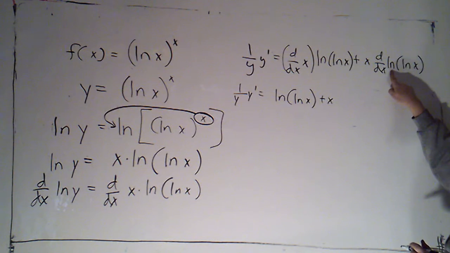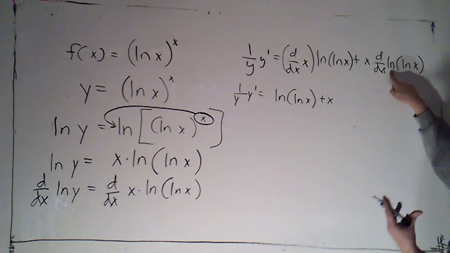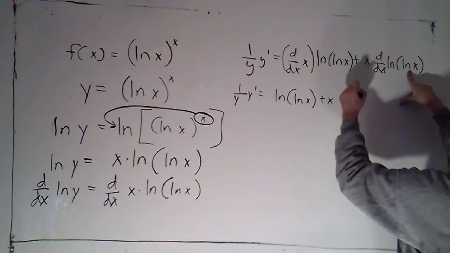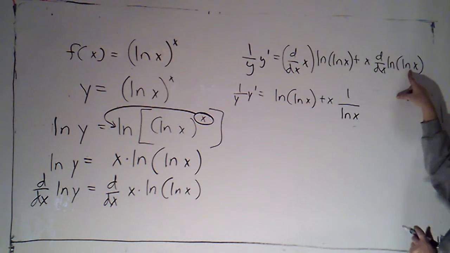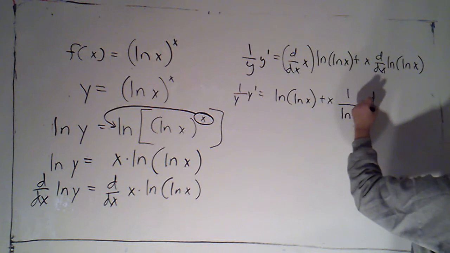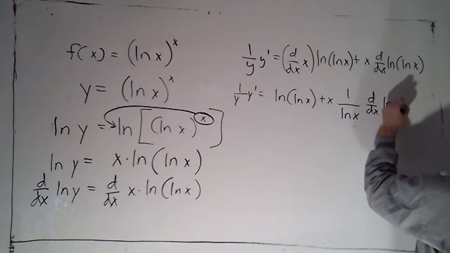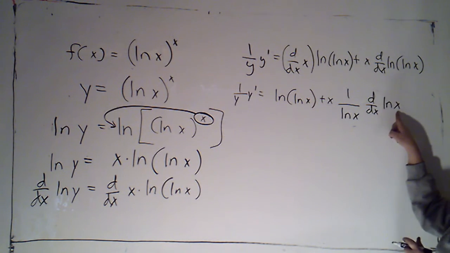So the derivative of the natural log function is the reciprocal function. So I'm going to take the reciprocal of the natural log of x. And then I'm going to multiply that by the derivative of the inside part, which is the natural log of x.